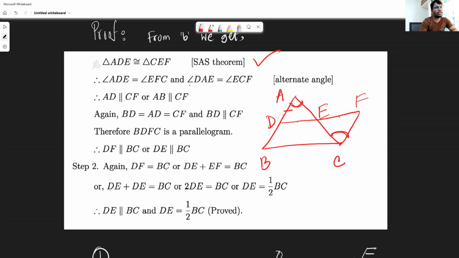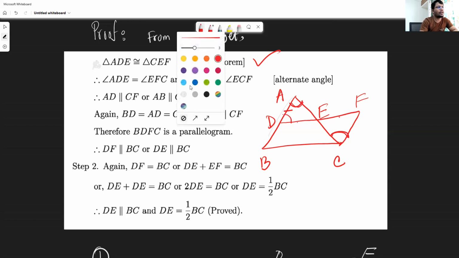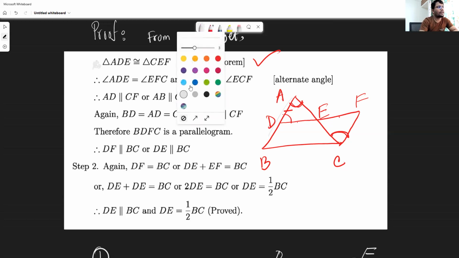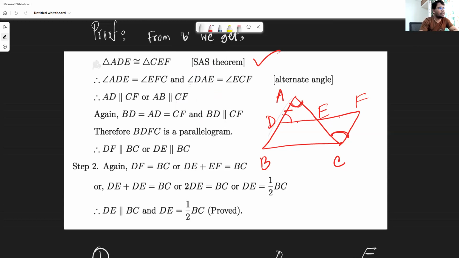Another angle we can take here, this angle ADE is equal to angle EFC. Why will these two angles be the same?